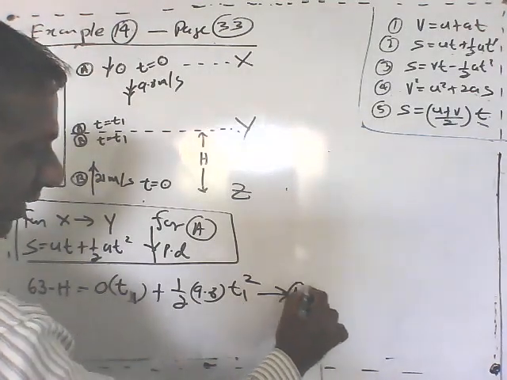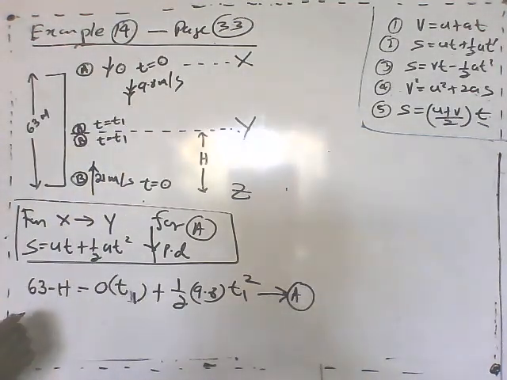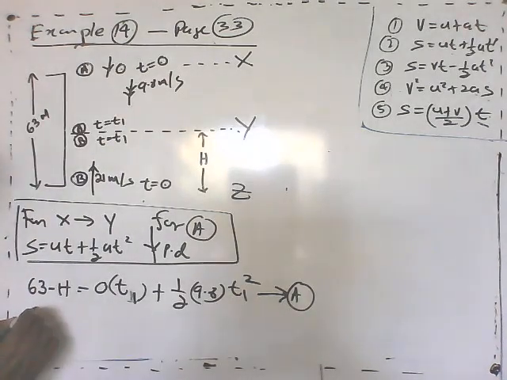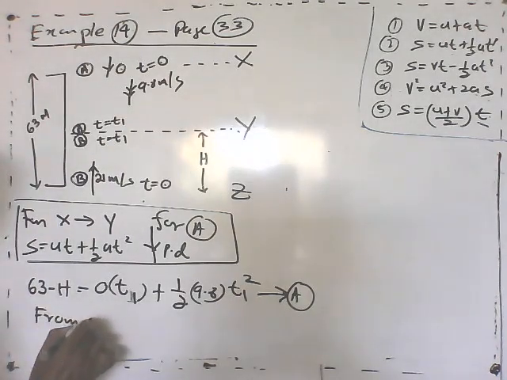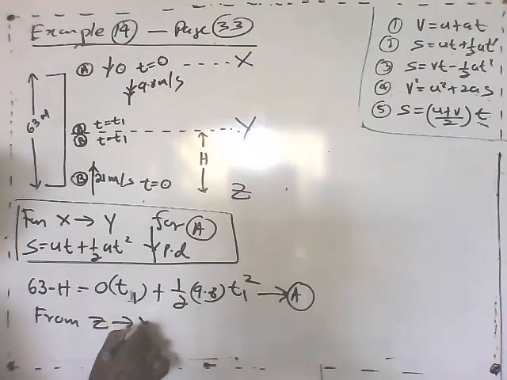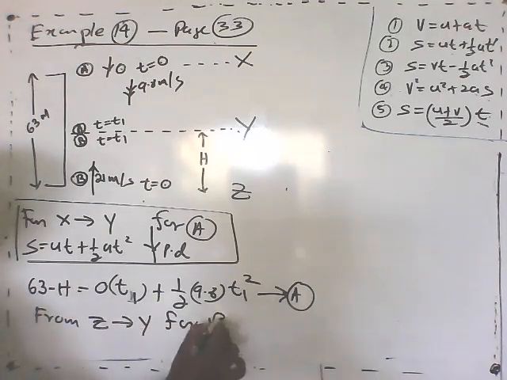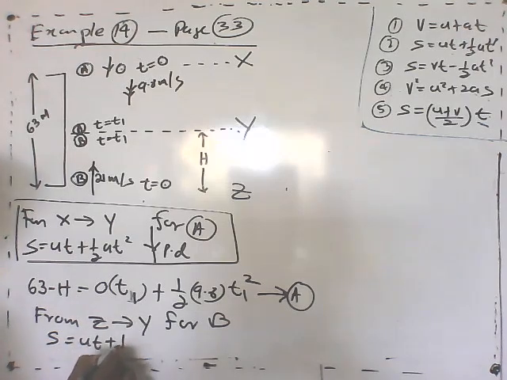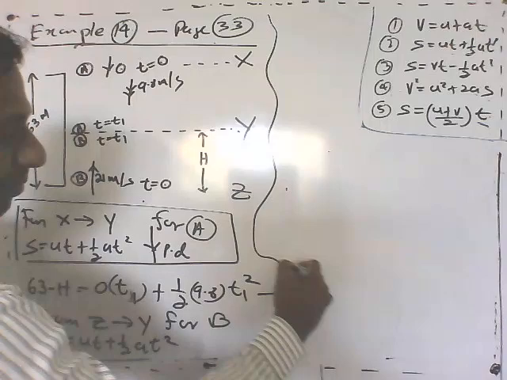Now from Z to Y, B is going up. So from Z to Y for B, S equals ut plus half at squared.